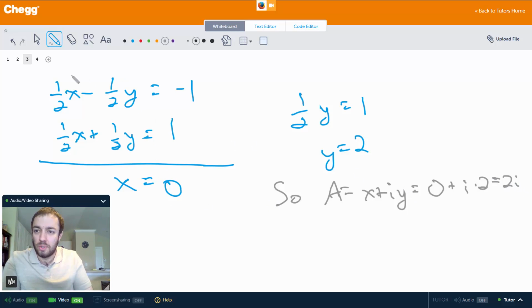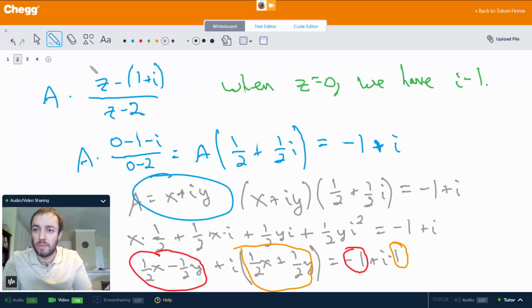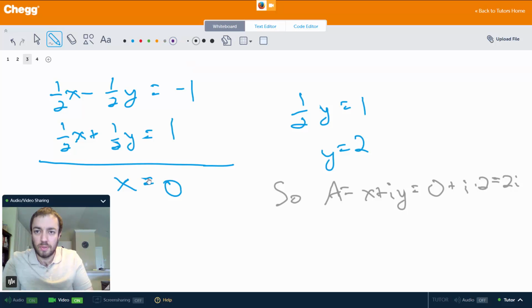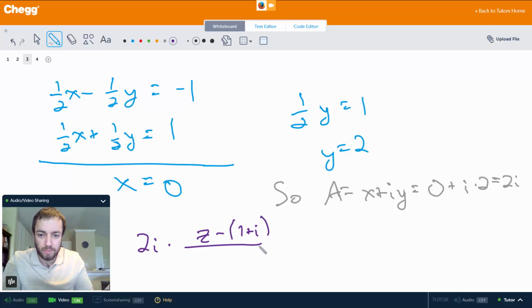So a is 2 times i, and remember, this was our linear fractional transformation we're trying to find. So what we have overall then is 2i times (z minus 1 plus i) over z minus 2. And of course, we could distribute the 2i and simplify a little bit.